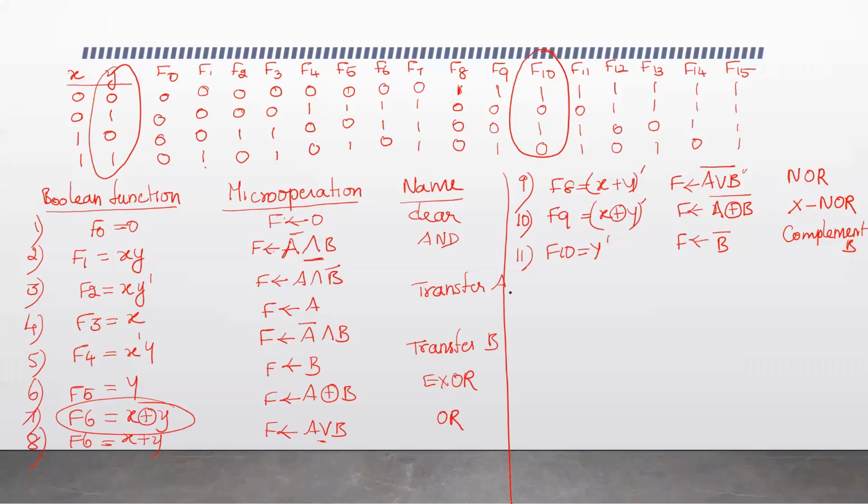And the next operation performed is F11. F11 is 1 0 1 1. So it is X OR Y complement.